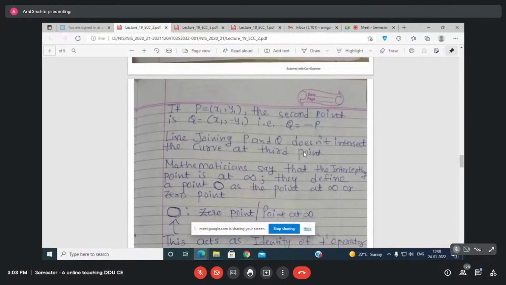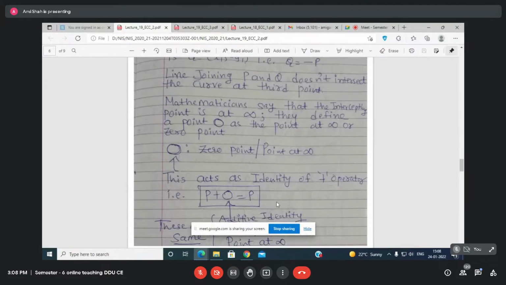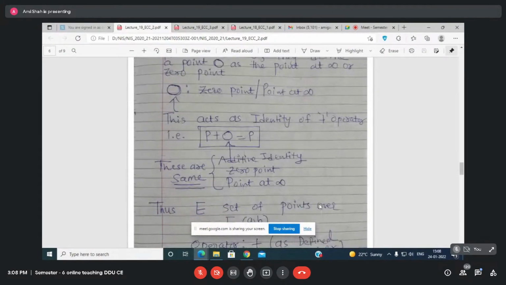And that's why the mathematicians say that the intercepting point is at infinity, and they define a point 0 as the point at infinity, or 0 point. Okay, so this acts as the identity of the plus operator, and that's why P plus 0 equals P. So it's an additive identity.